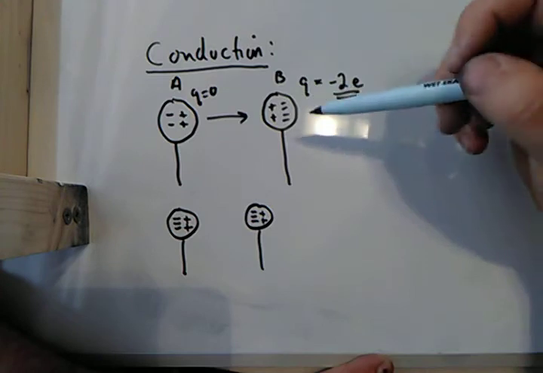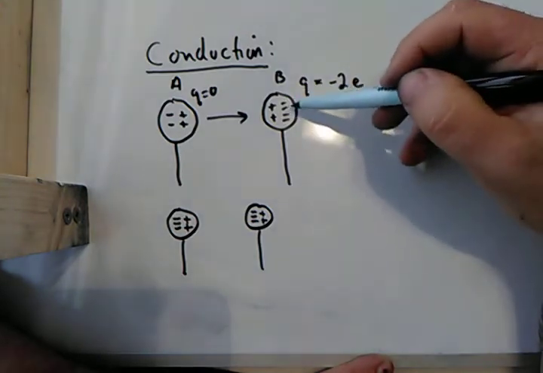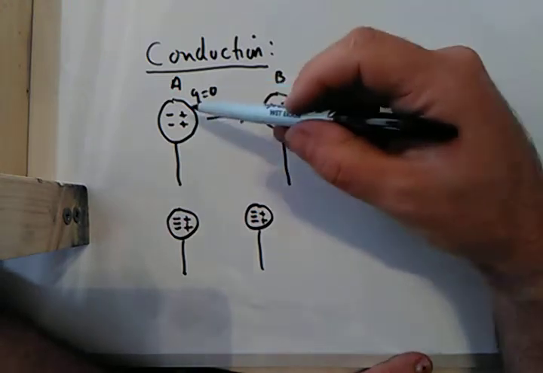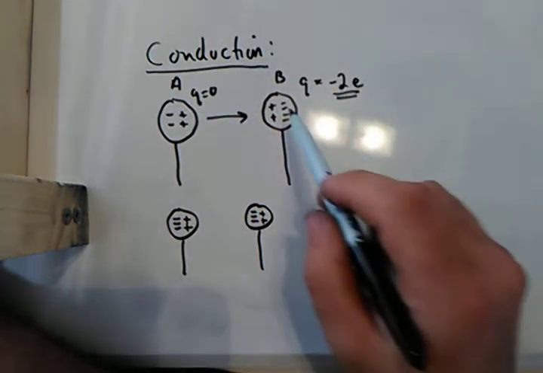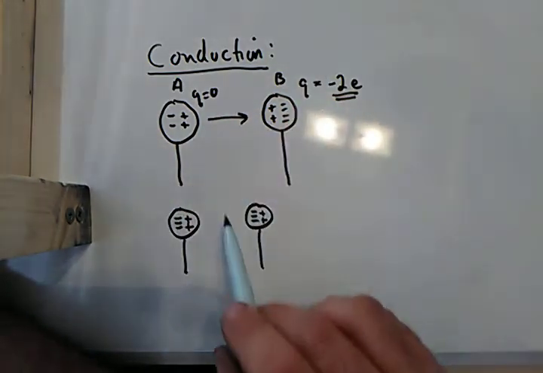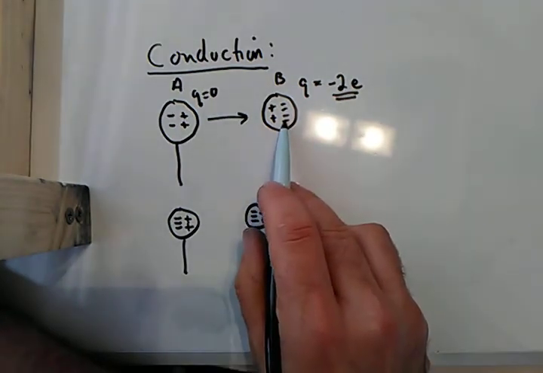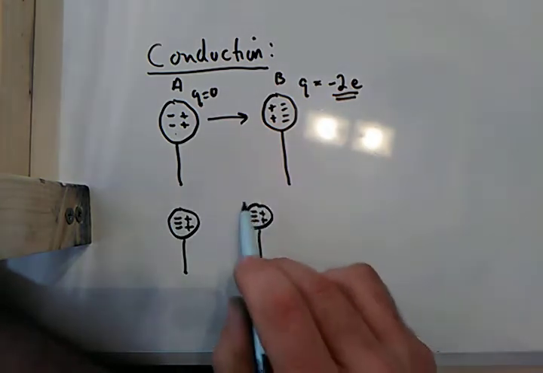Look what I've done. I've taken a negatively charged sphere and touched it against a neutrally charged sphere, and because I touch them together they become one unit, and the one electron will jump over to this side.